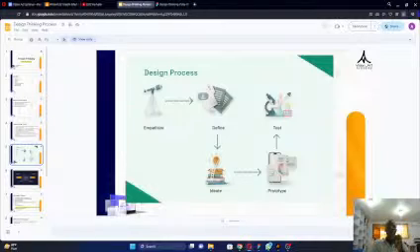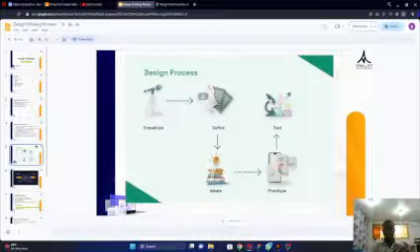This is a kind of picture you can have in your case study. A case study is like your documentation of your work, after you've done everything: you've made your research, you've come up with your design, and you've tested it with people.